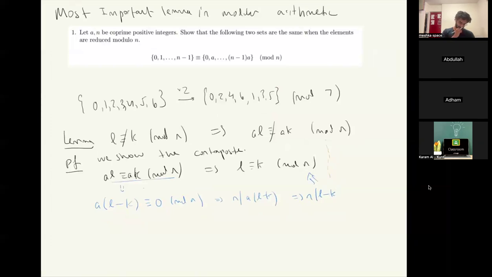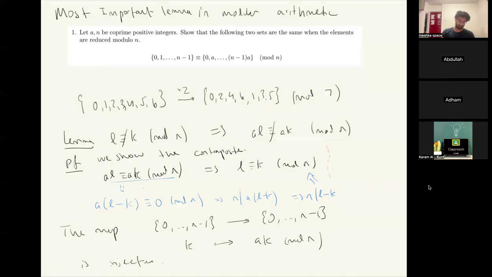We can say it like this, maybe. The map from 0 through n minus 1 to 0 through n minus 1, which is given by sending k to ak mod n, is injective by the lemma.